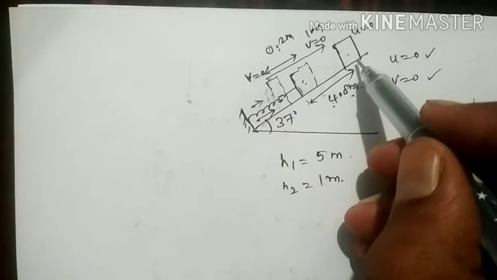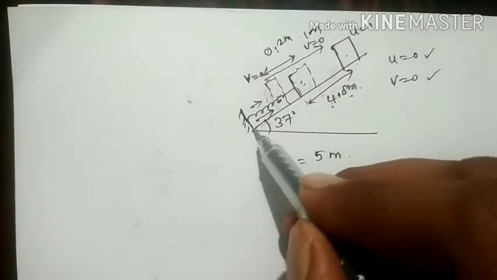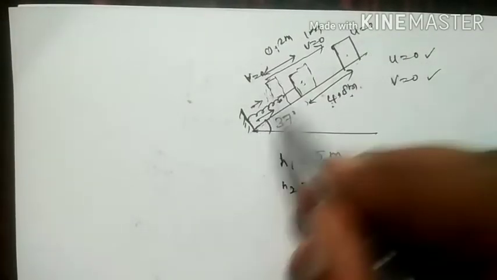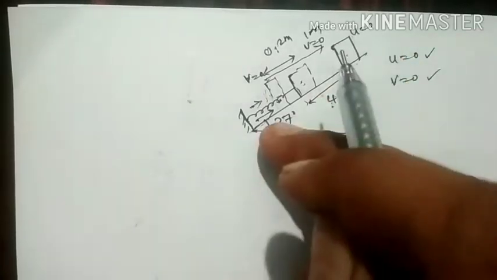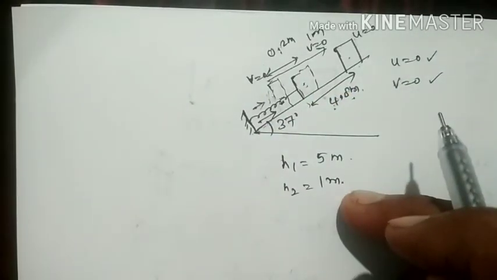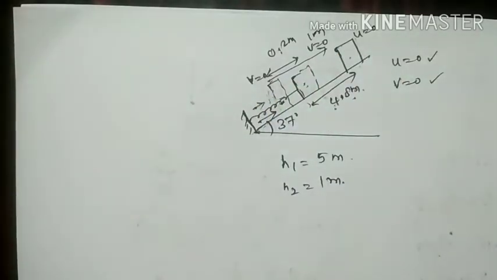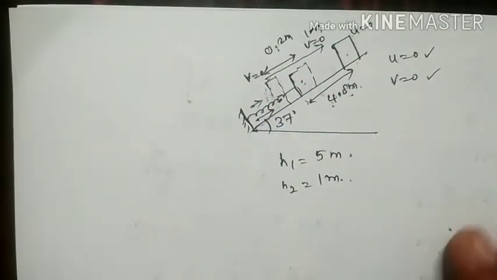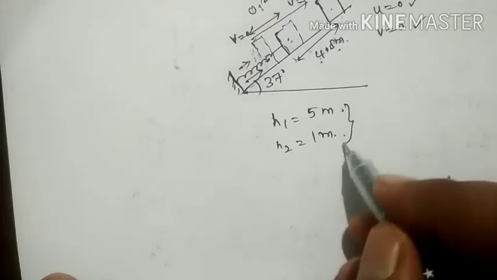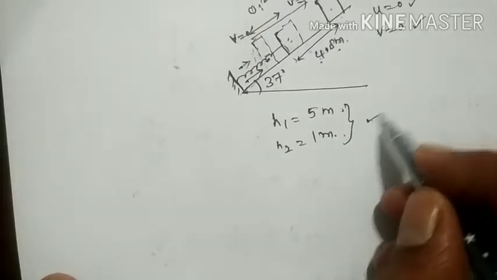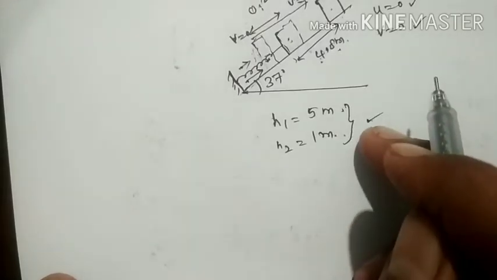And what is the distance traveled by the block? Total distance, not displacement. So 5 meters downwards and 1 meter again upward. What is the net displacement? 5 minus 1. This is used for calculating gravitational potential energy.